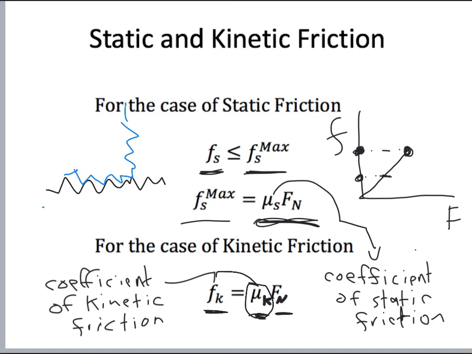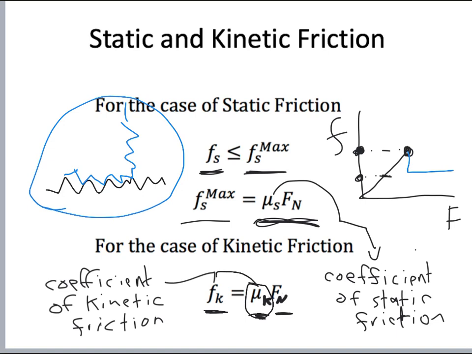Now here I've sort of drawn our little model of friction depending on roughness again. I want to explain why we see this drop. When the objects are sliding, why do you get less friction?